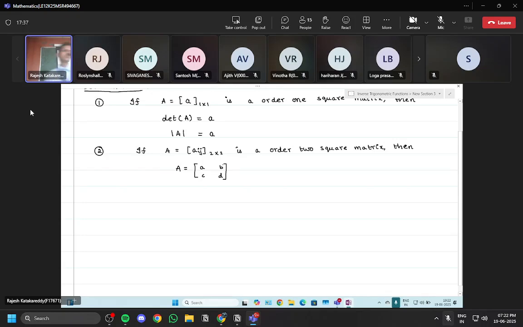Normally to find the determinant, what we do is, you take any row or any column, we can expand using any row or any column, the value of determinant will be the same here. I am trying to expand here using row 1, right? So we will write determinant of A is equals to, instead of square bracket, we will write modulus A, B, C, D. This is determinant of a matrix A.